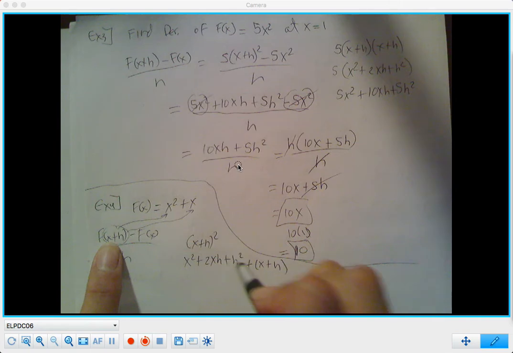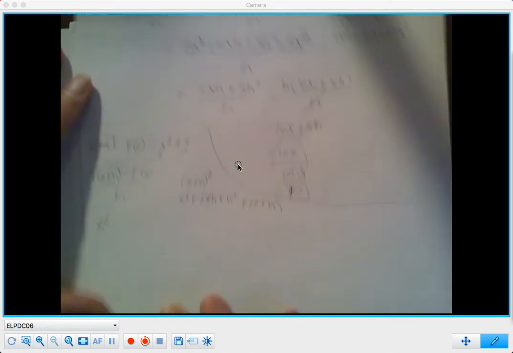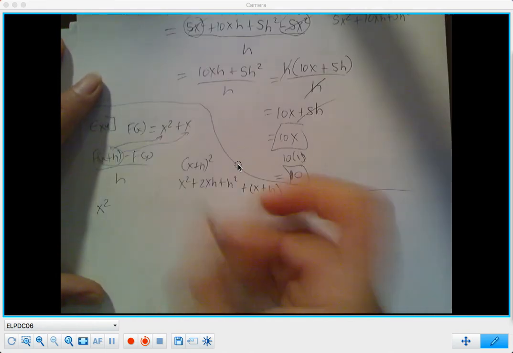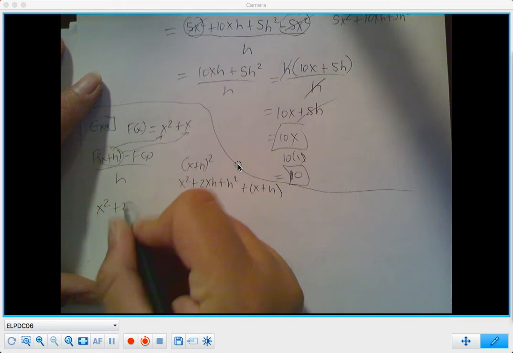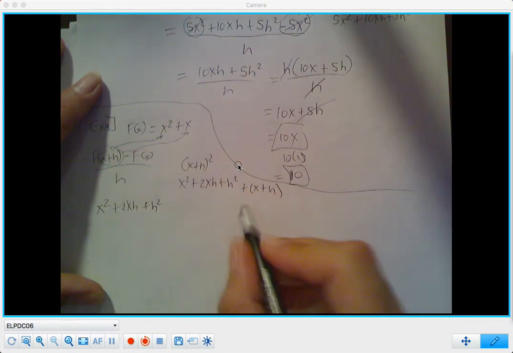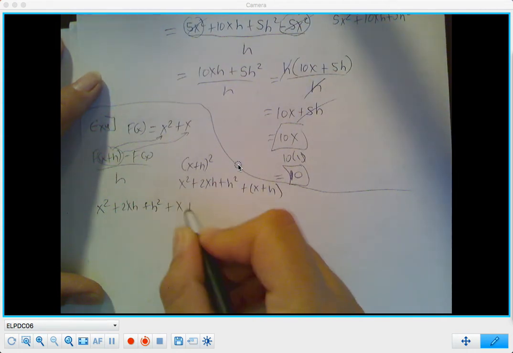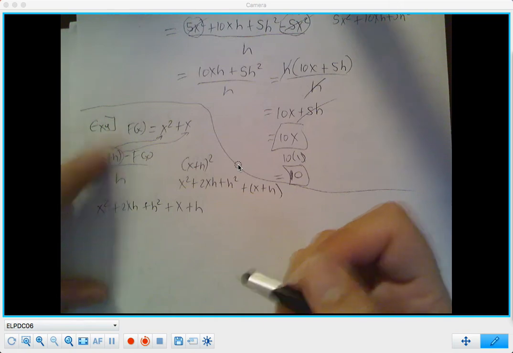So that's the first part. So let me write it. So I'm gonna have x squared plus 2xh plus h squared, and then I still have plus x plus h. So that's the whole thing.